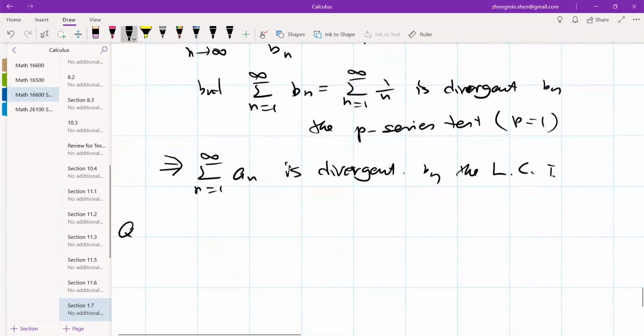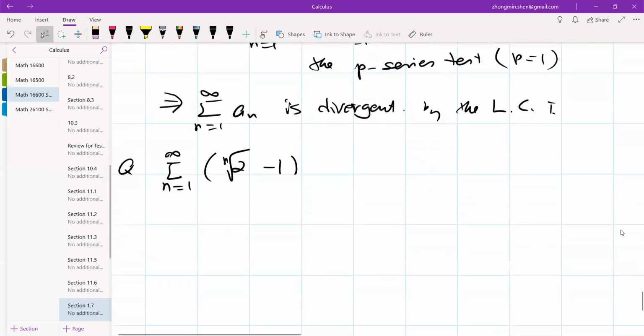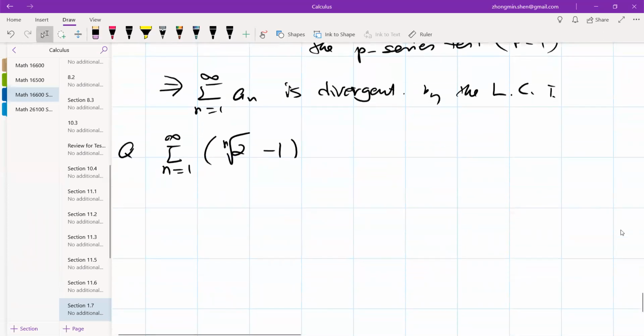Okay, so the last problem I want to discuss here is difficult because you don't know which term you're going to compare, and you don't know how to combine those two terms. There's no way you can combine them. The term is 2 to the 1 over n minus 1.